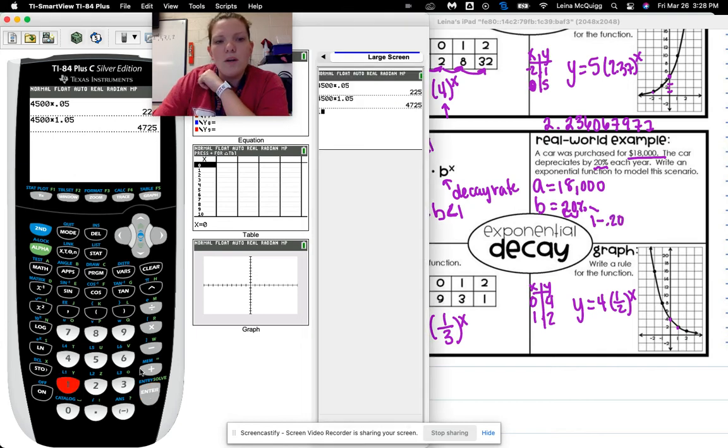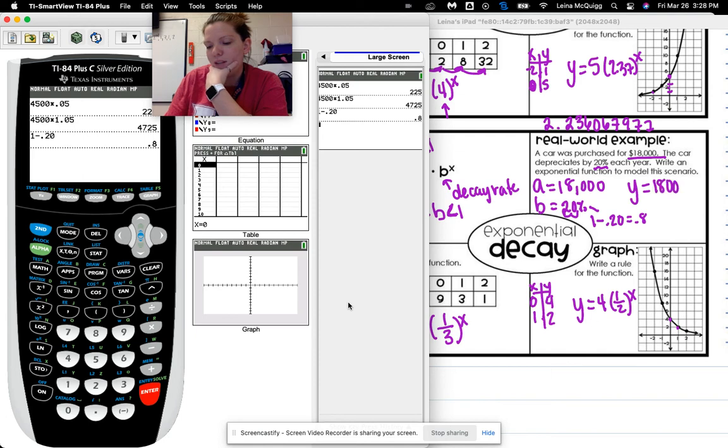So when I do 1 minus 0.20 and hit enter, I'm going to be left with 0.8. So my depreciation value, the B value I want to use, is 0.8. This is smaller than 1, and this is going to tell me how much my car costs each year after the depreciation has happened. So we're going to do y equals, my A is 18,000 times 0.8, my depreciation value, to the power of x.